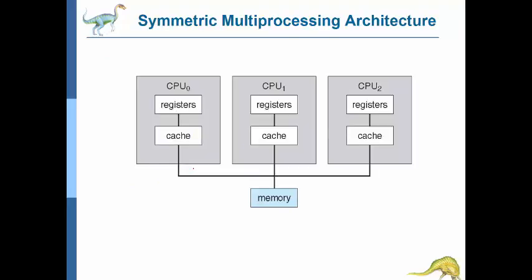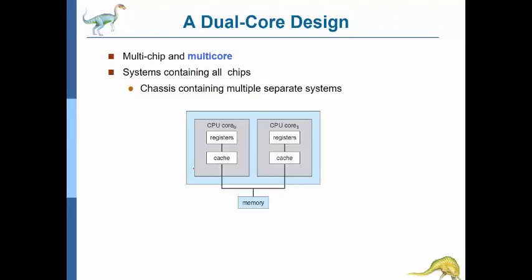If you have multiple CPUs, then one memory can serve multiple CPUs. Each CPU has a register and cache. So register and cache is nothing but CPU. In this case, dual core design means you have one piece, but there you have two CPUs.